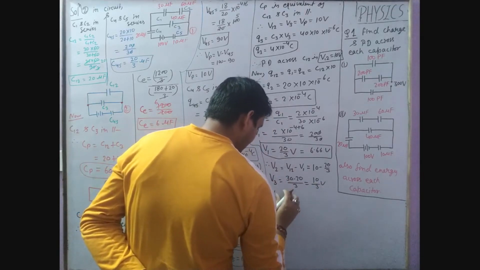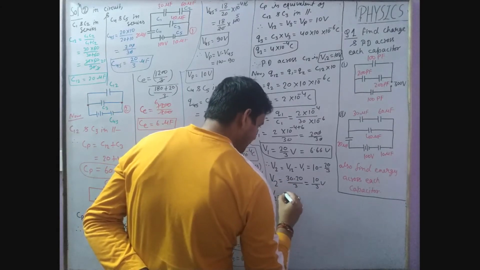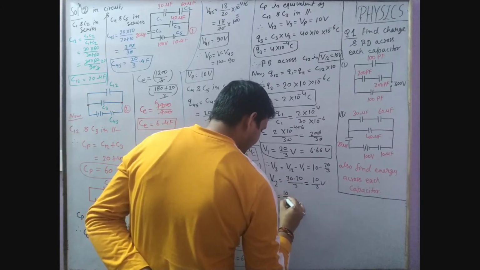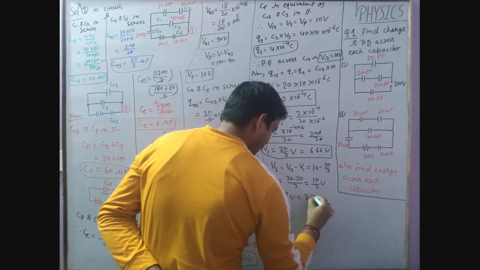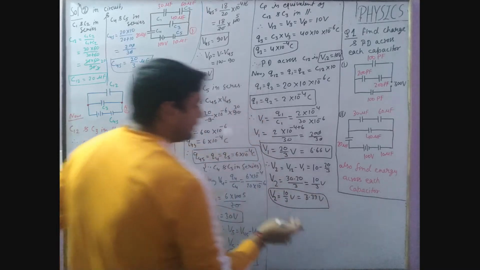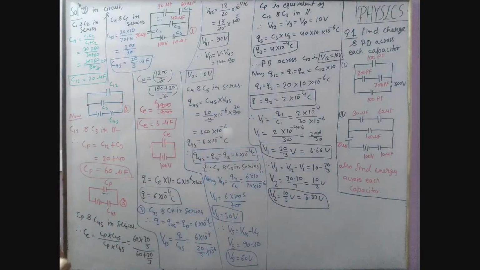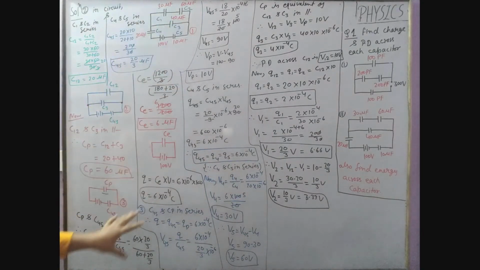So V2 is equal to 10 by 3 volt or 3.33 volt. These are all the individual values of the charge and potential difference across each. Just note it down.